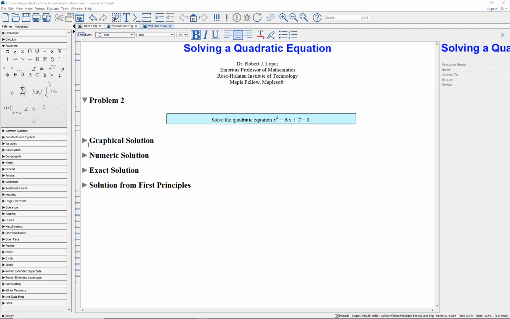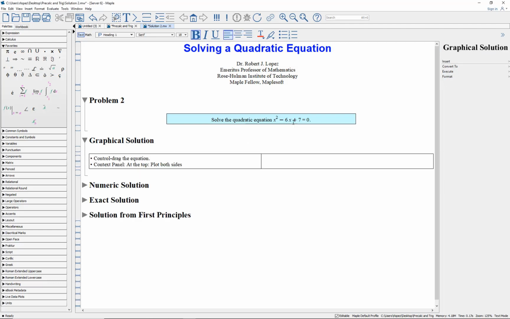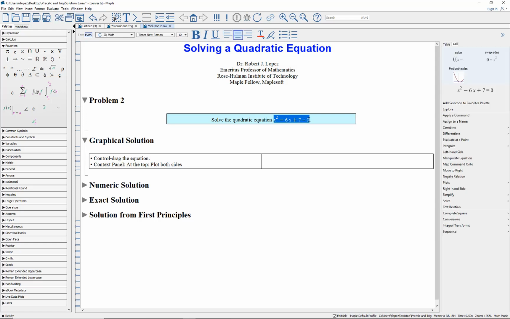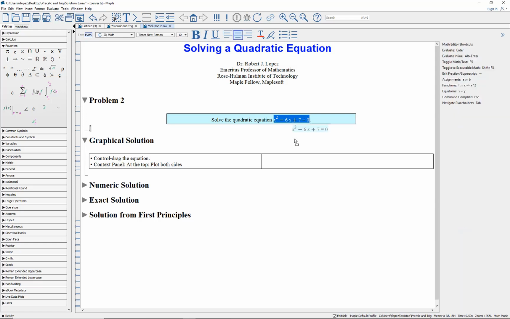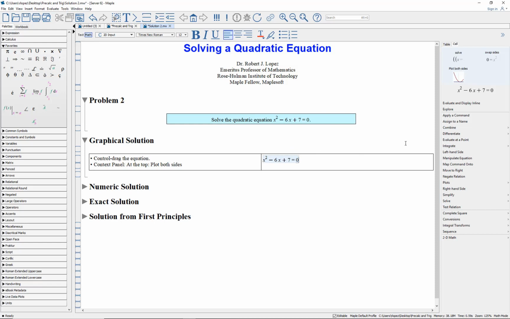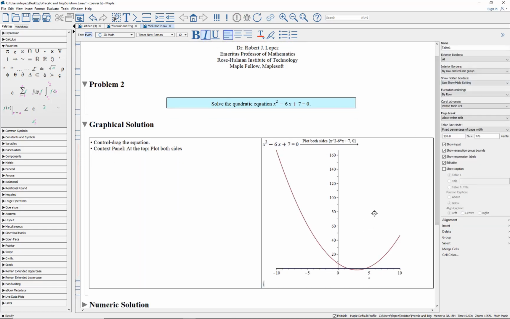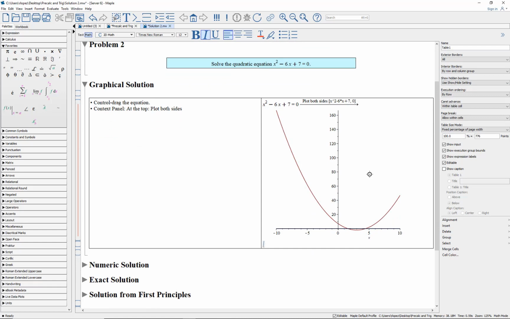To obtain a graphical solution, let's bring the equation down as we've done. Control drag it down, and here you have in the context panel the option plot both sides. It would be better to have this graph, let's say between 0 and 5.